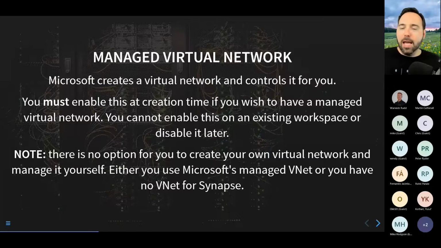The argument behind this is that the managed virtual network has everything configured so that the relevant ports are open and only those ports are open for the resources that are related to Azure Synapse Analytics. That it's a way of making a fairly difficult networking problem transparent to the end user.